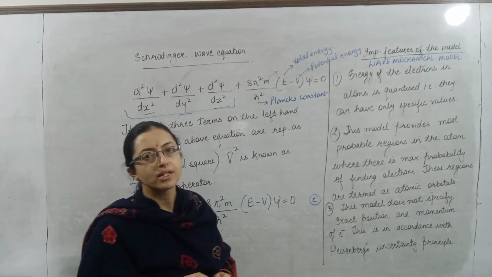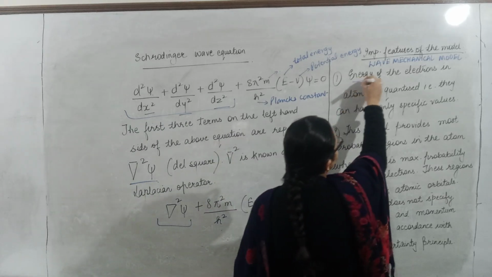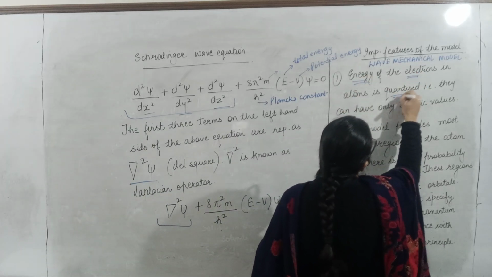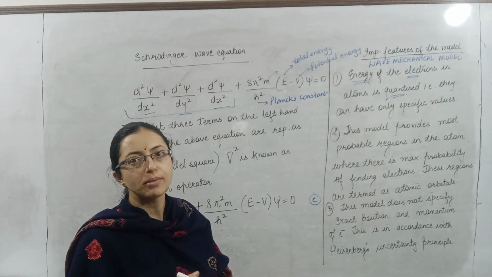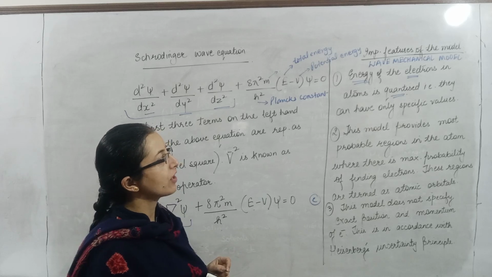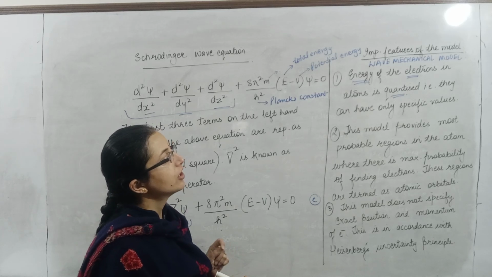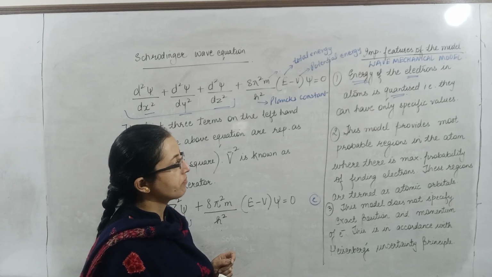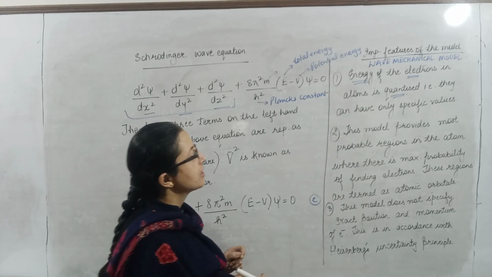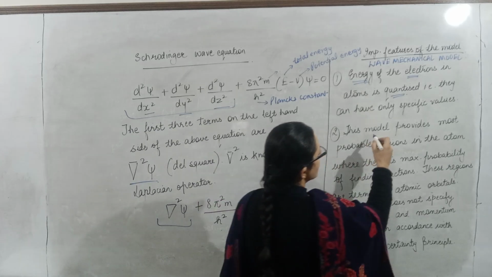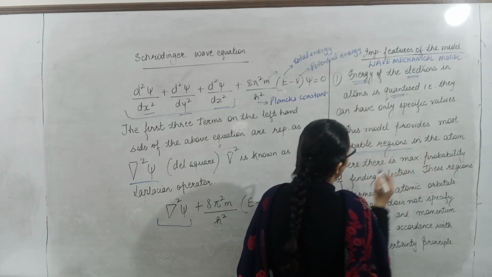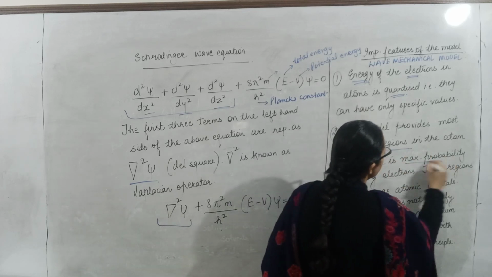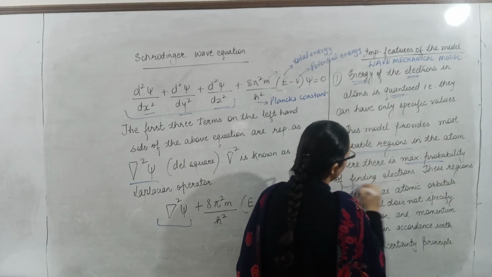Just like the Bohr's concept, the energy of electrons according to this model is also quantized. What do we mean by quantized? That is, they can have fixed values of energy. They can have specific values of energy. Right? Second is, this model provides most probable regions in the atom where there is maximum probability of finding the electrons.